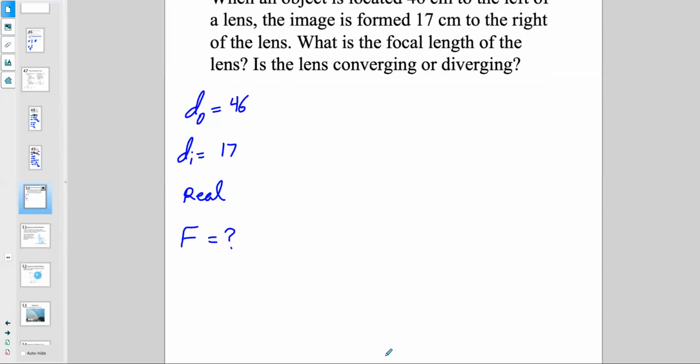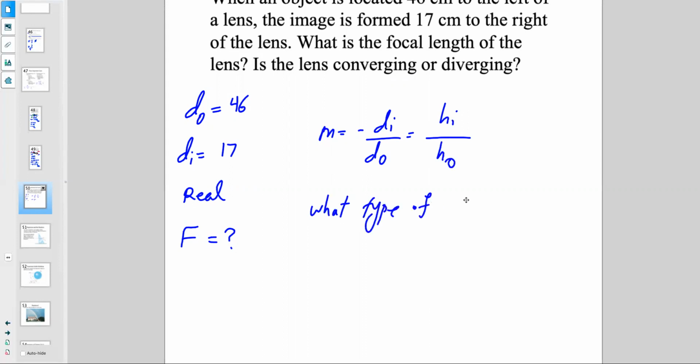The other very important thing is that we can use this m, and then identify if the magnification is bigger or smaller, and if so, what type of lens we have.